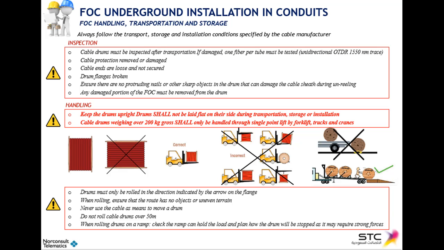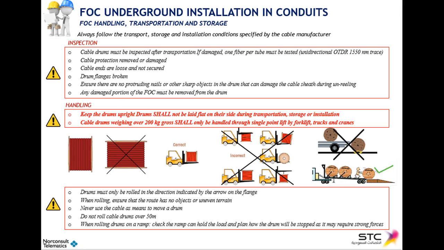This is the only way, standing upright, never laying on the sides. You can see here with the forklift how this cable drum is properly transported. All these variations here are wrong. You cannot transport it upside down, laying on the side, hanging on cord, or whatever other installation methods you may think of. This is the only authorized way of transporting it.